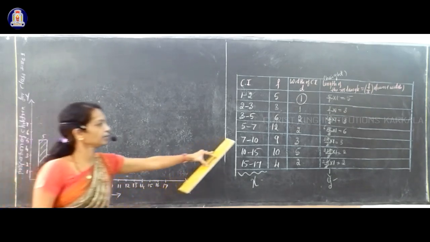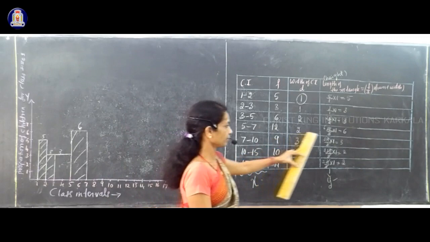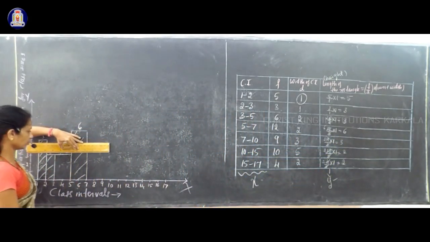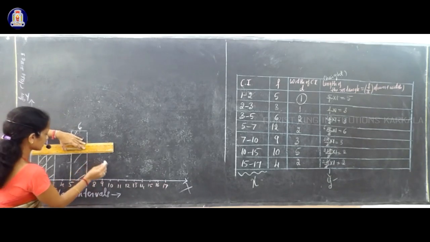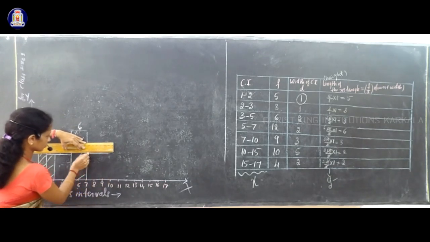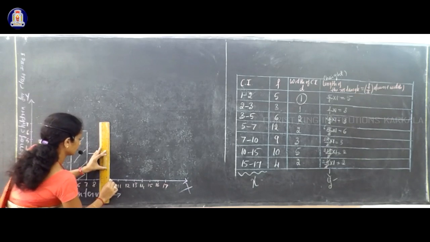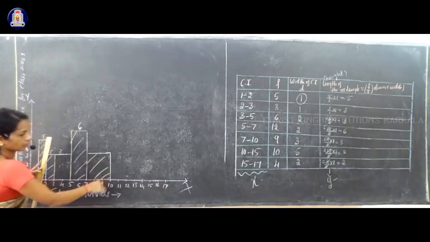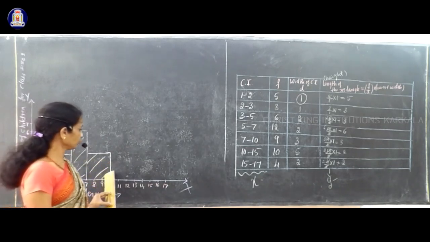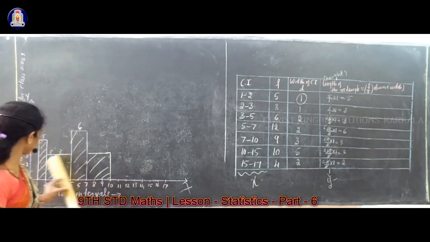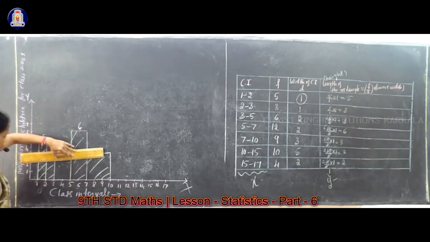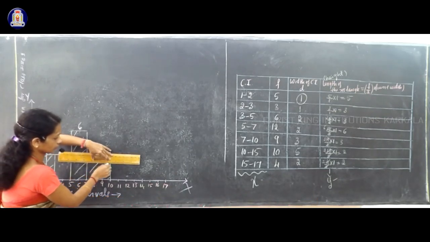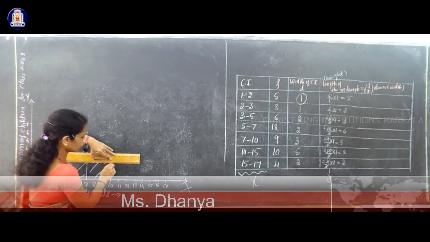Next 7 to 10 rectangular bar of height 3 you have to draw. Okay, 3 is here, and that is from 7 to 10. Like this. Then 10 to 15, you have to draw rectangular bar of height 2. Okay, 2 is your 10 to 15.